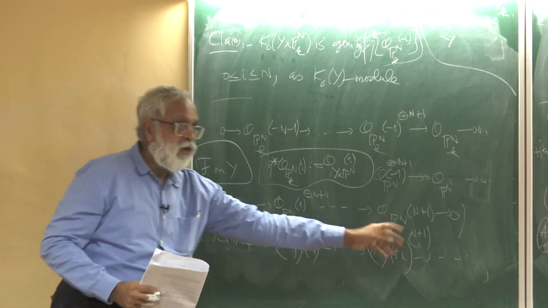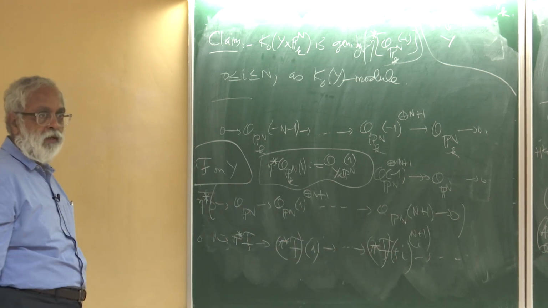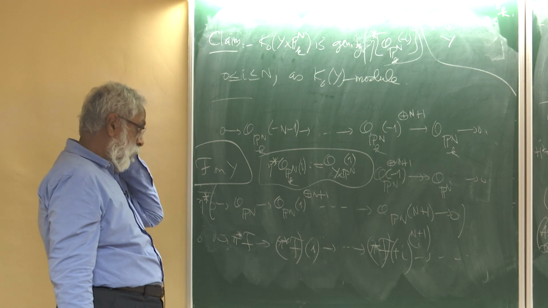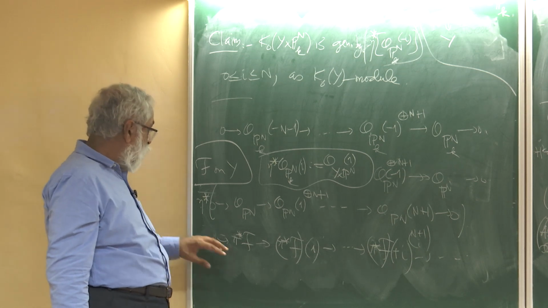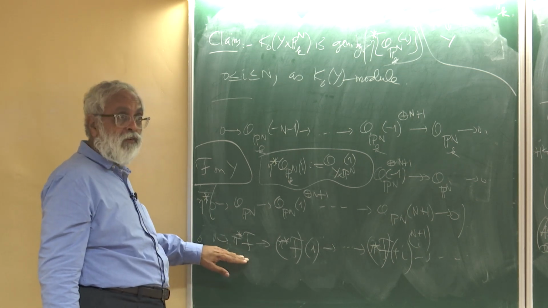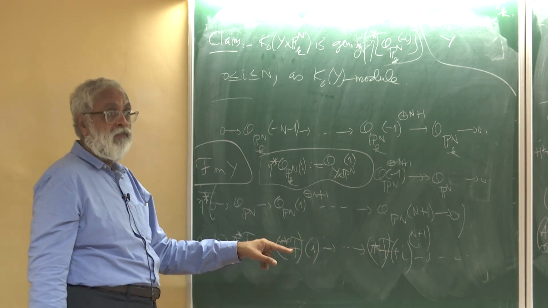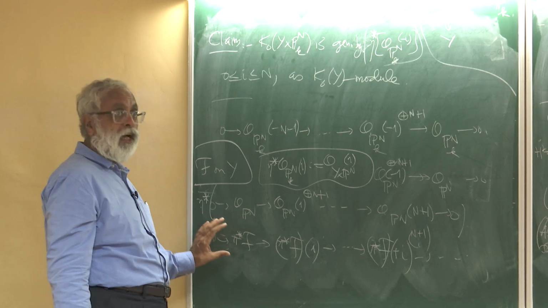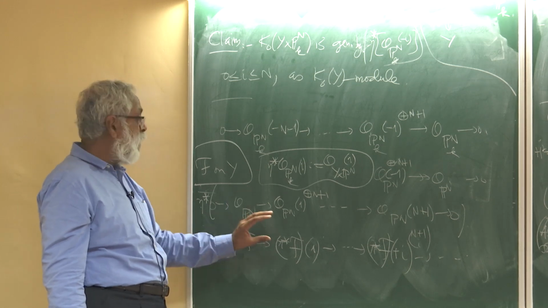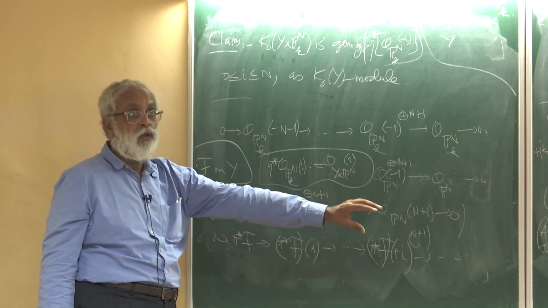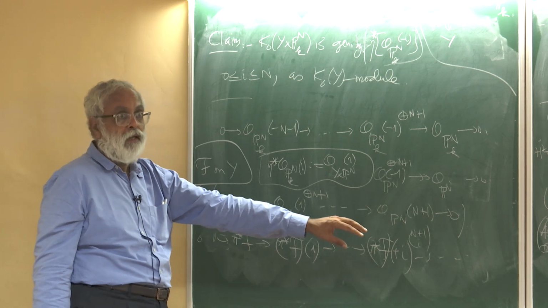It doesn't matter. Binomial coefficient, I can use the symmetry. So the point is pi upper star f is resolved with finitely many sheaves which are all positive twists of f. So in order to get the class of f, it's enough to get the class of f1, f2, f3 up to fn, n plus 1.